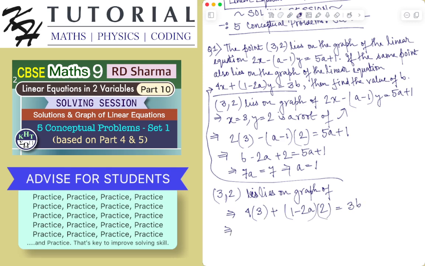This implies 12 minus 4a plus 2 is equal to 3b. This implies what is a? a is 1. So 12 minus 4 into 1 plus 2 is equal to 3b. This implies 3b is equal to 10.